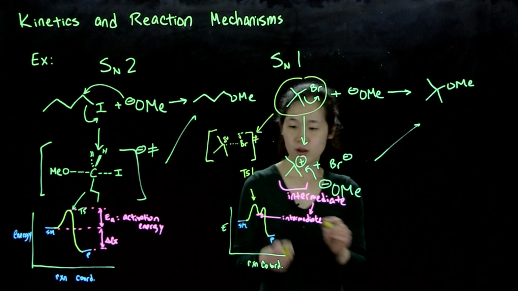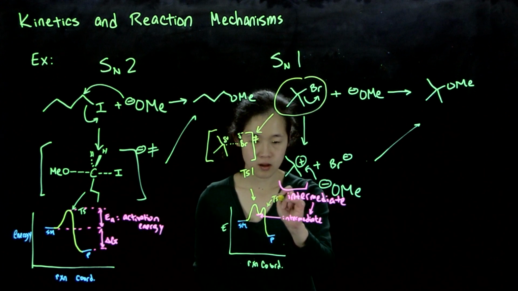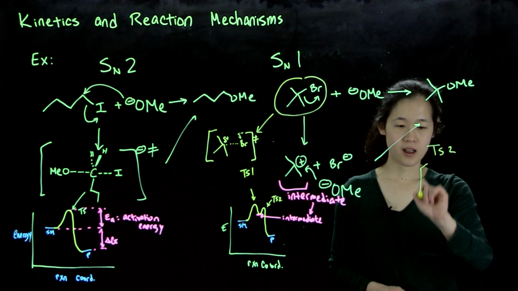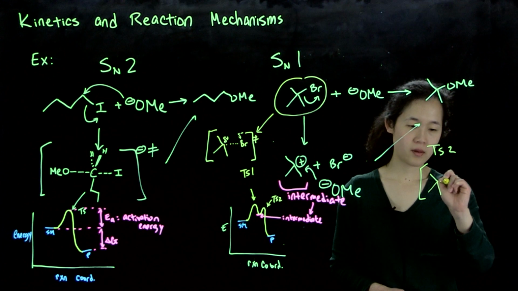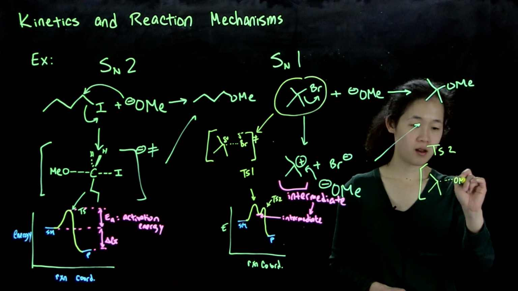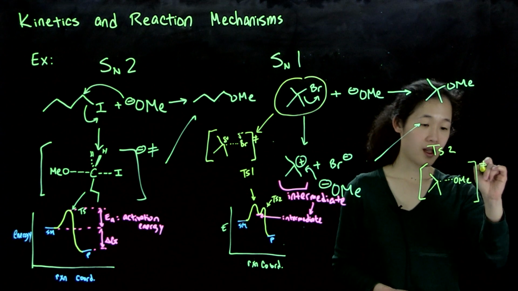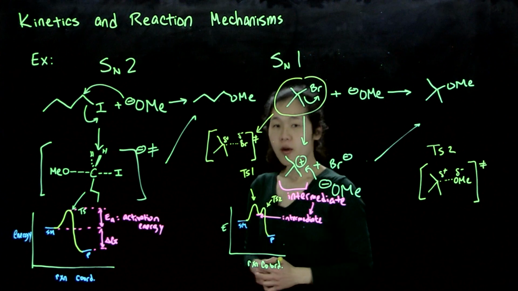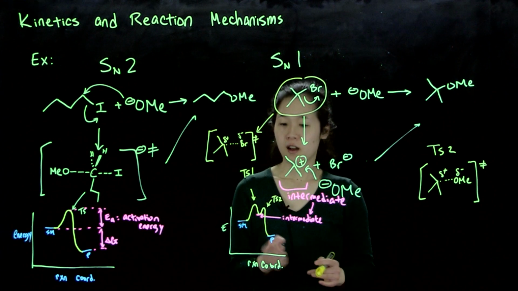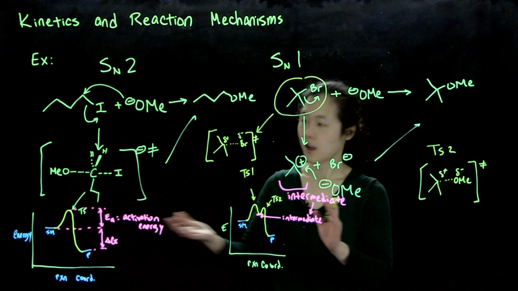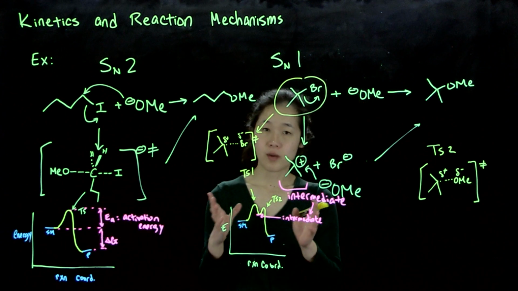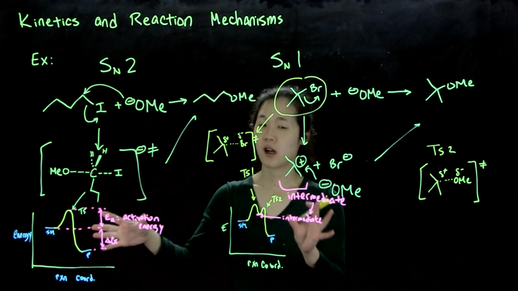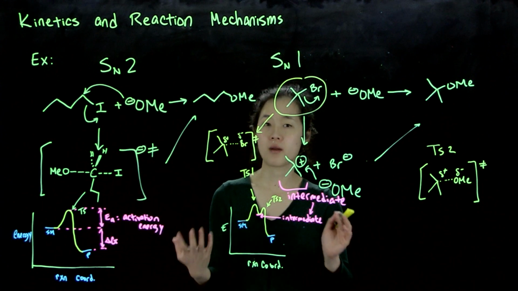Transition state 2 is the bond-forming transition state, where the methoxide is coming in, and again we have delta minus, delta plus. The key part about kinetics is that it tells us the nature of the transition states that are important for the reaction. Being able to measure these pathways is the reason that we do kinetics, to figure out how things are forming or breaking bonds.